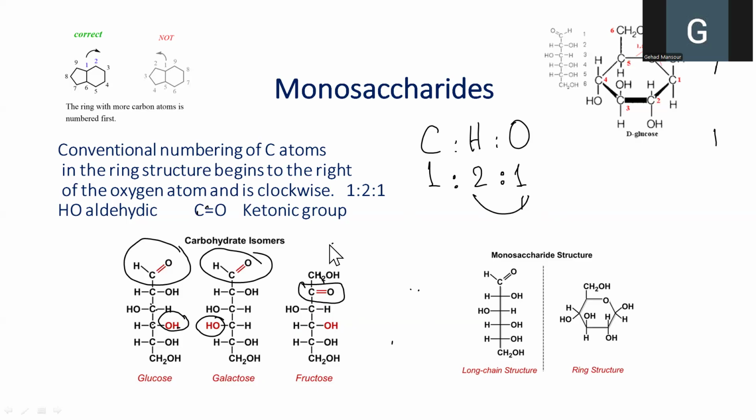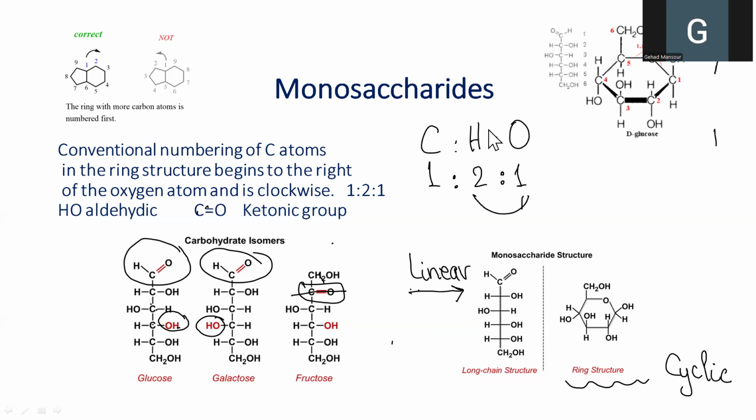This is the linear structure, or long chain structure, of glucose, and this is the cyclic or ring structure of glucose. You will not be asked to draw the structural formula of glucose, but you have to be familiar with it.